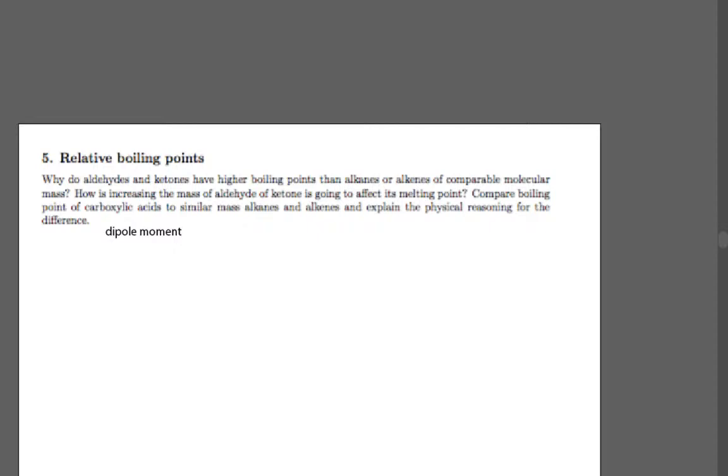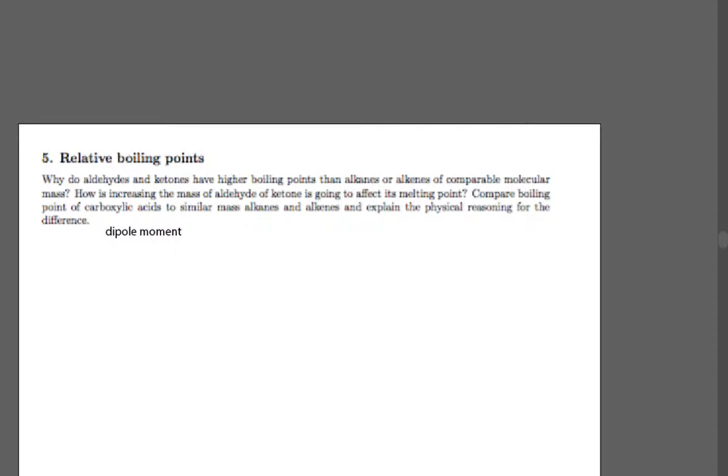Radical with another radical? Okay. So aldehydes, ketones. Oh yeah. From my observation of the structure, it is true that aldehydes and ketones actually have dipole moments, instead of alkenes and alkanes, which don't have any dipole moments.